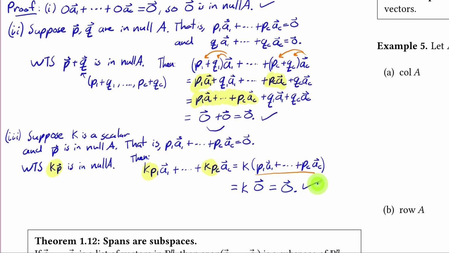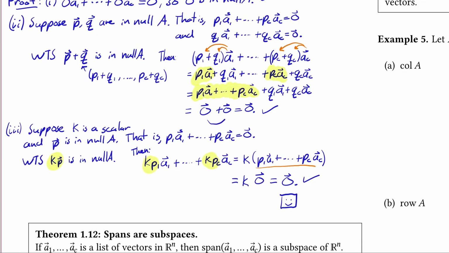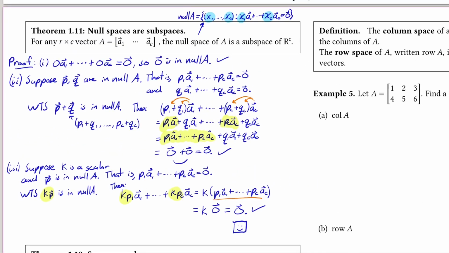So there we go. That means K times P is a vector in the null space as well. And we've got that. So yeah, the null space of any matrix is automatically a subspace of Rc.